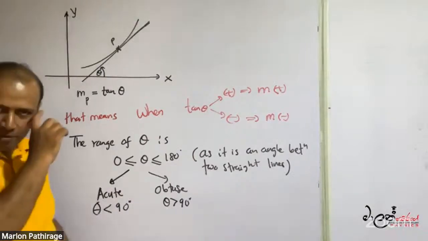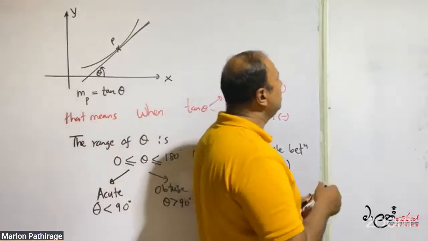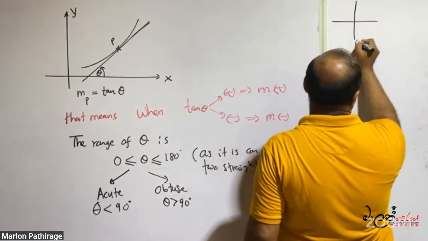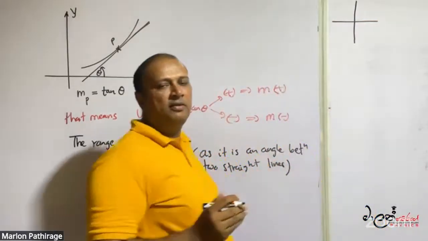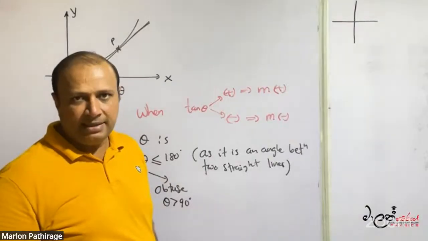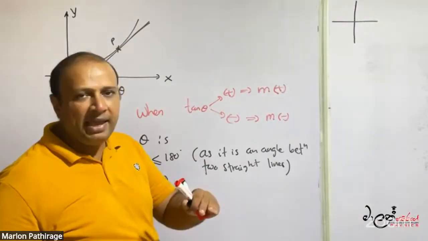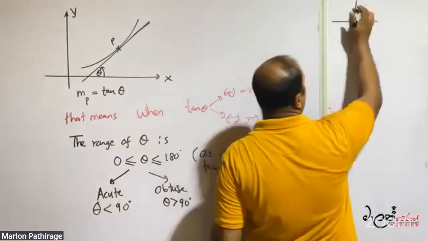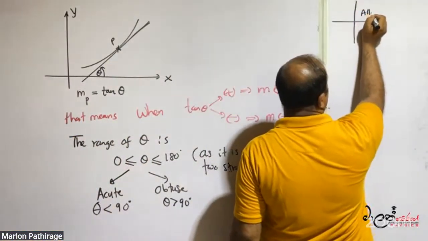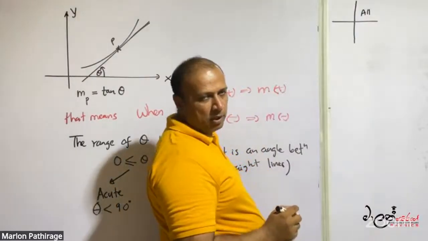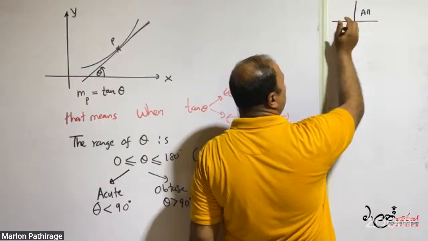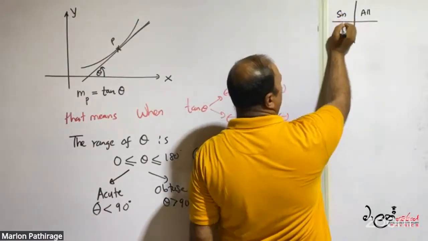If the angle is 0 to 90, all the trigonometric ratios are positive. If the angle is 90 to 180, only sine is positive.